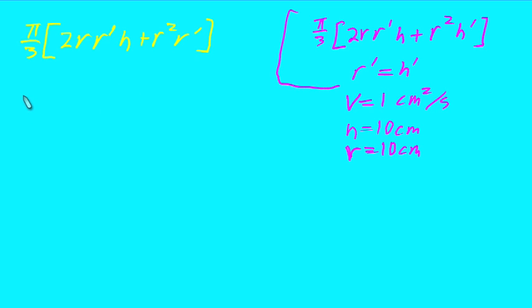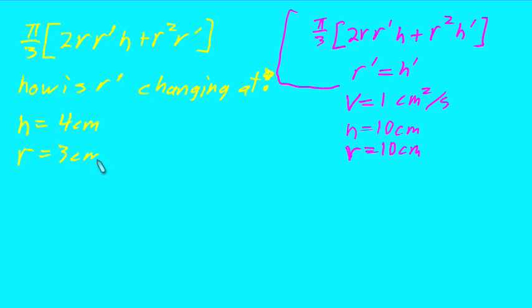Now I'm going to pose the final piece of the question. How is r prime changing at h equal 4 centimeters, r equal 3 centimeters, or r equaling 6 centimeters?